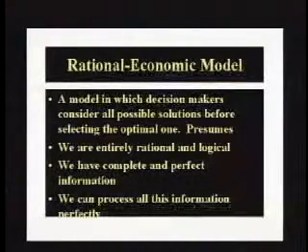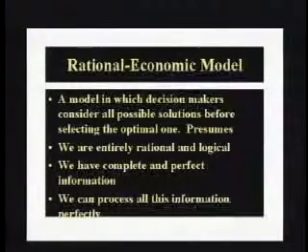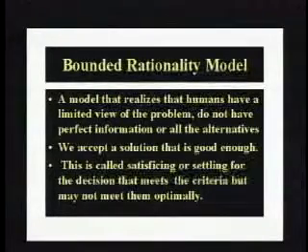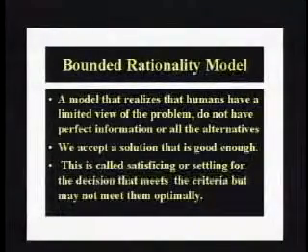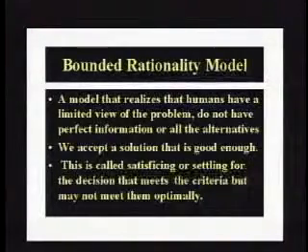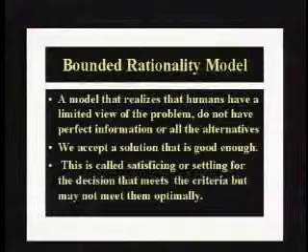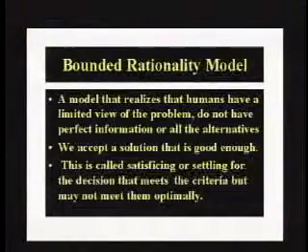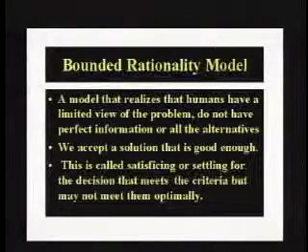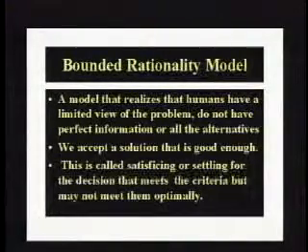How do we do it? We're going to take a look at then 2 other models. The bounded rationality model of March and Simon, 2 well-known people in the area of decision-making in organizations. This model of decision-making says that humans have a limited view of the problem, that we don't have perfect information, that we don't have all the alternatives.